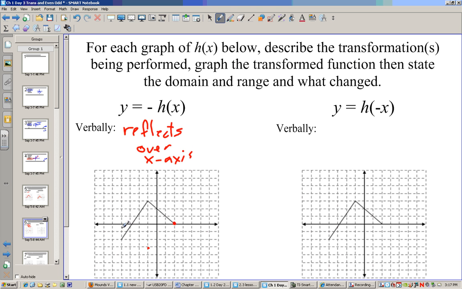So we just take the point and it's 2 down, so we'll go 2 up, and now we just connect the points. And this one's going to reflect over the y-axis. So instead of being 2 to the right, we go 2 to the left. Instead of being 1 to the left, we go 1 to the right. And then instead of being 4 to the left, we go 4 to the right.